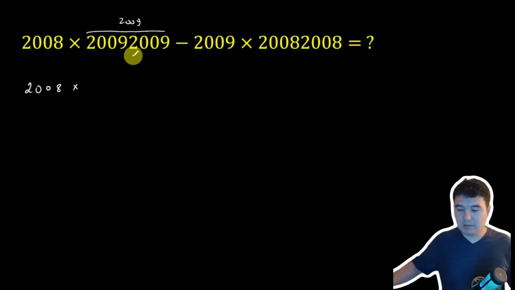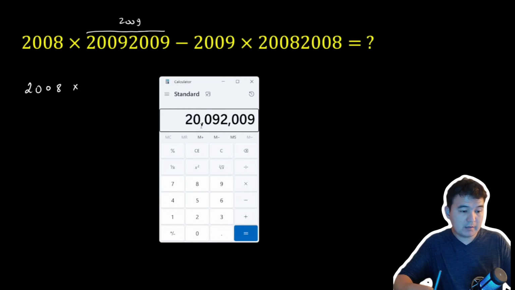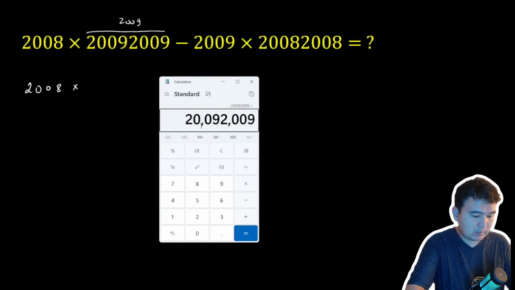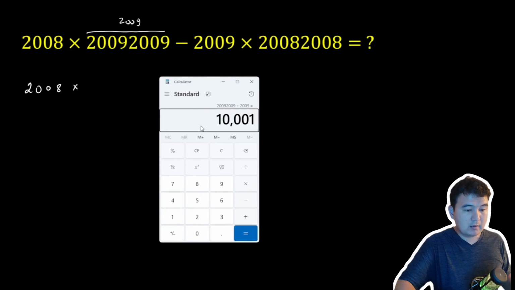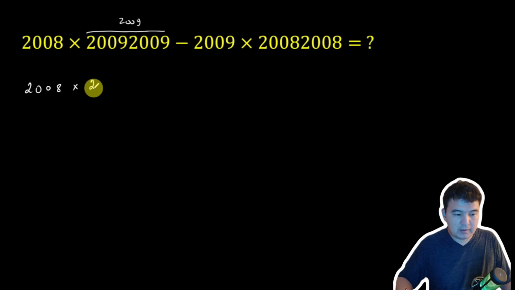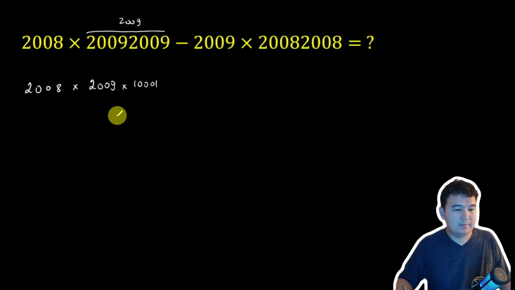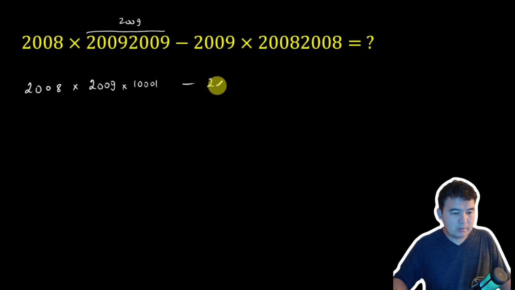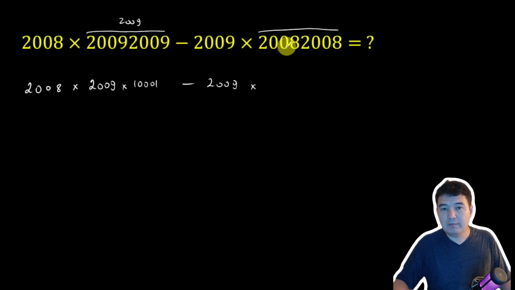Let me pull up my calculator. If I divide that number by 2009, I'll get 10,001. Instead of this number, I'm going to write it as 2009 multiplied by 10,001 minus 2009 multiplied by, I will do the same thing for this number.